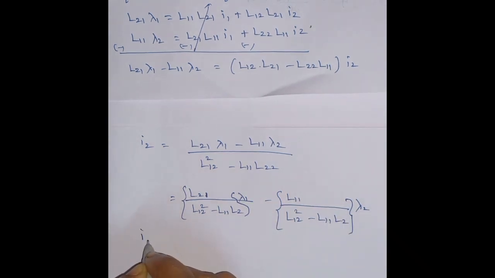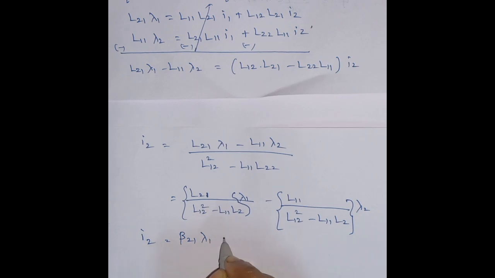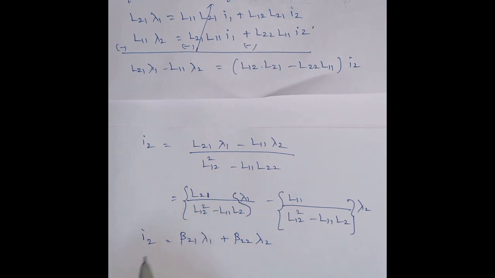So I can rewrite this as I2 is equal to beta 21 lambda 1 plus beta 22 lambda 2.